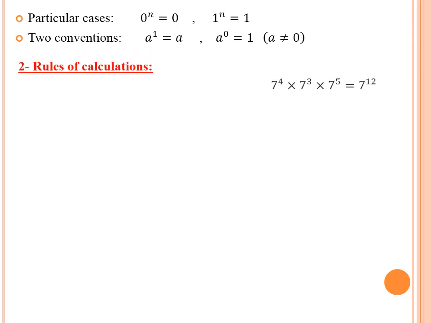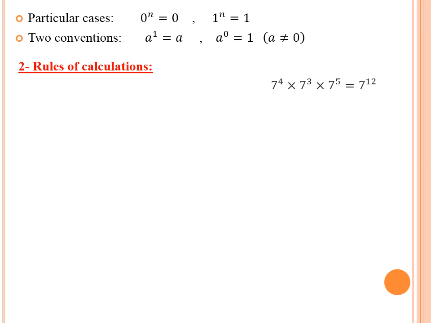Now, what are the rules of calculation? Here we have 7 to the power 4 times 7 to the power 3 times 7 to the power 5. This 7 is repeated 4 times, then 3 times, then 5 times. How many 7s are there in all, multiplied by each other? 4 plus 3 plus 5, 7 plus 5, which is 12.